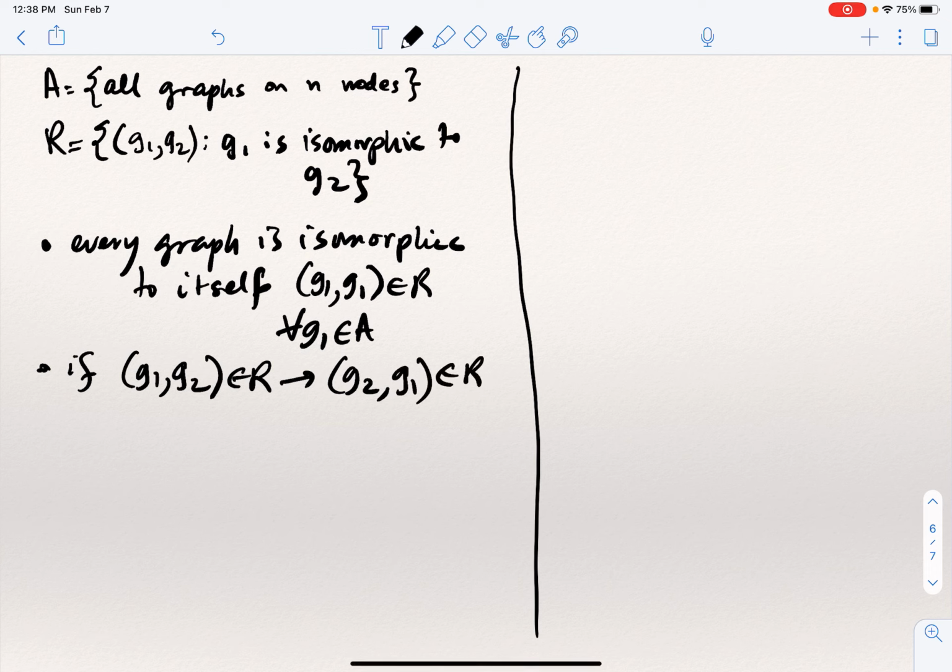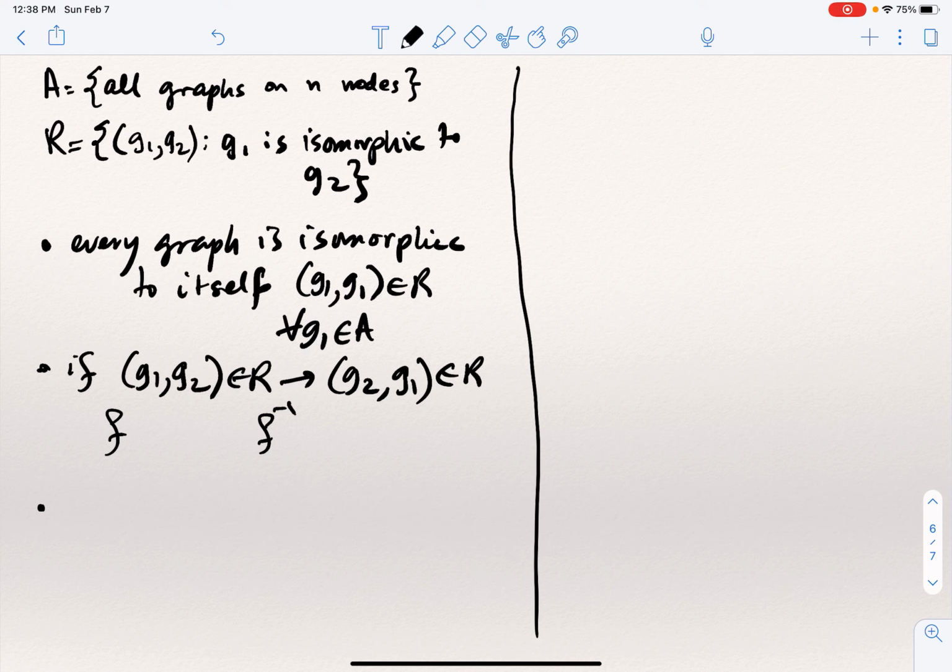The reason is that the function we have is a bijection. If f is the bijection from G1 to G2, then the bijection from G2 to G1 is the inverse of that function. So we have a bijection from G2 to G1.